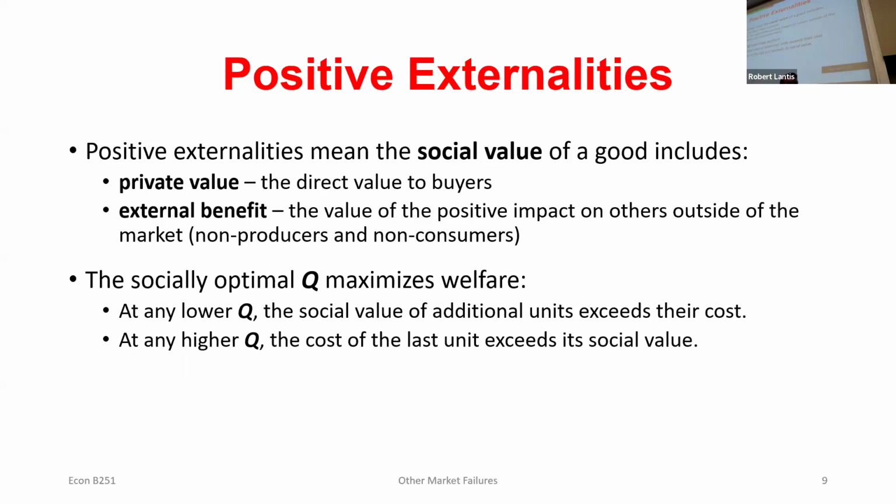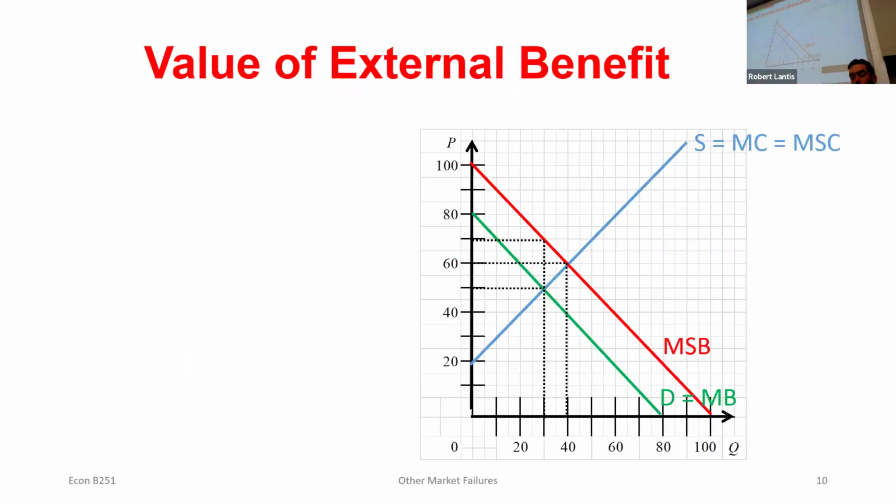We can see that play out with the visual as well. If we allow the market to decide, it'll choose an equilibrium where the private marginal benefits are equal to the private marginal costs at this quantity of 30. However, society says, look, society's marginal benefits are equal to society's marginal cost at a quantity of 40.